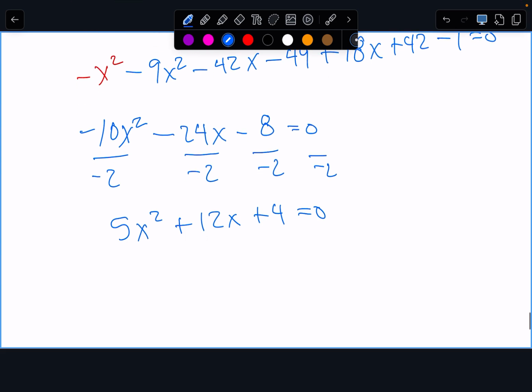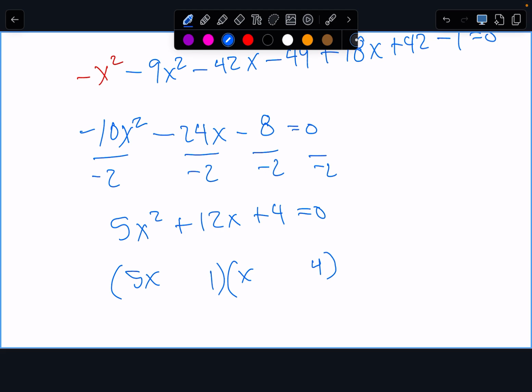Is that going to factor? 5x and x, 4 and 1: 5x and 4x, that's 9x, that doesn't work.